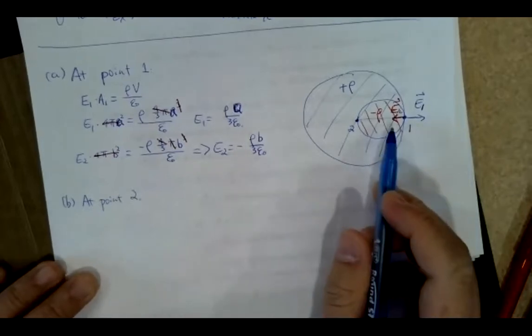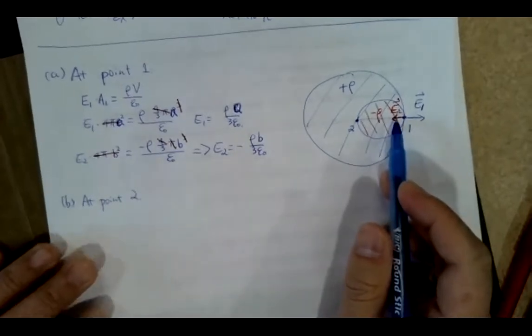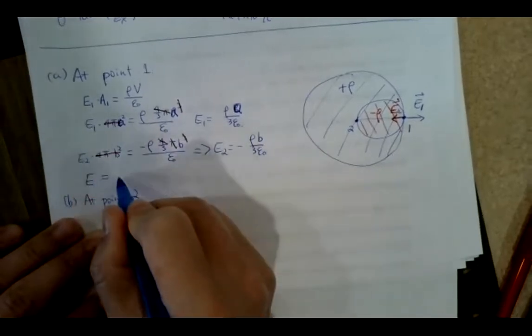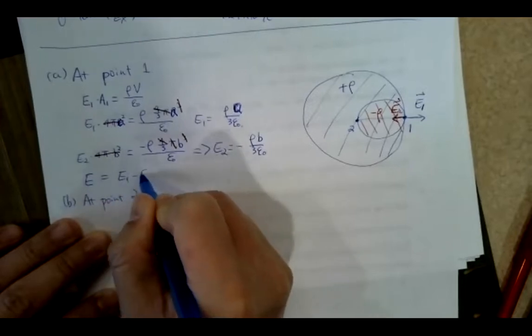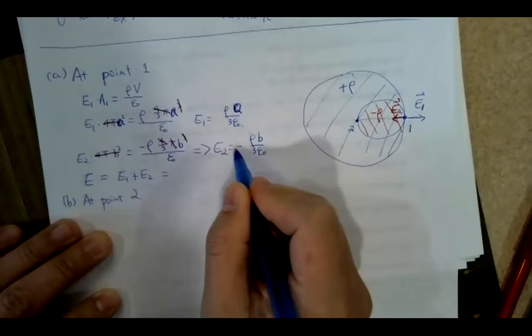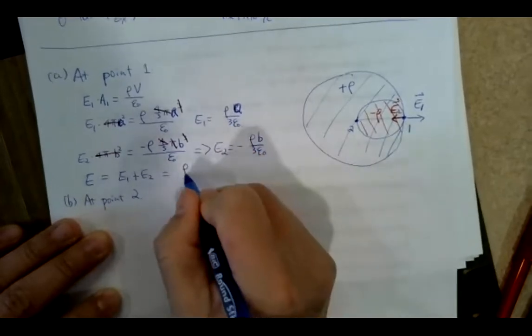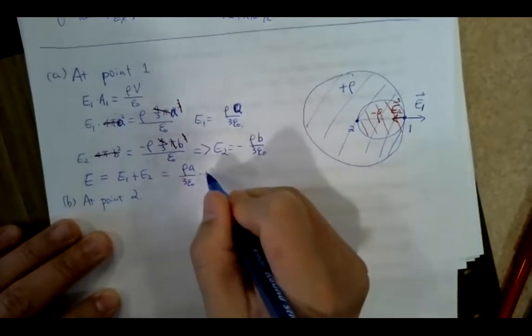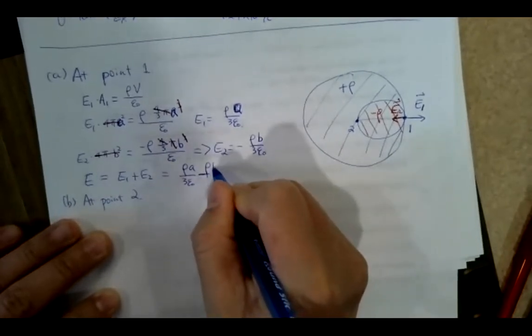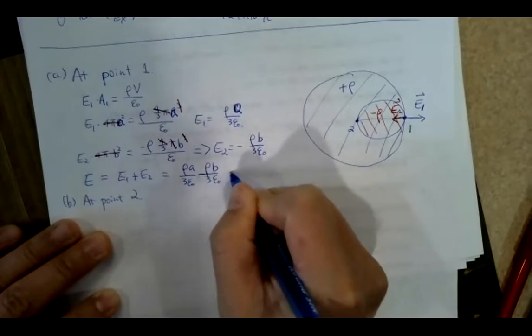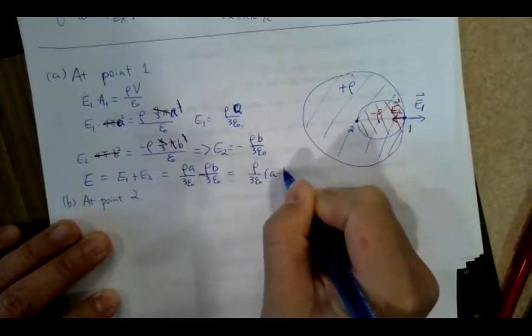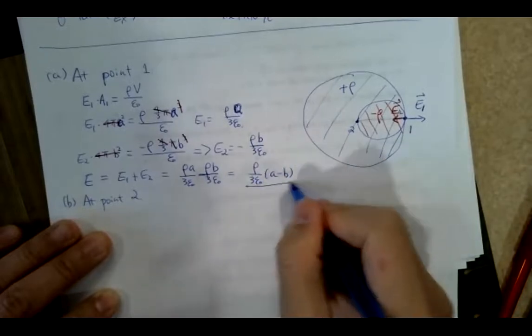Now your E total will be this one minus that one, right, in the X direction. Okay, so E will be equal to E1 minus E2, or E1 plus E2, and E2 is negative, E1 is positive. So rho A over 3 epsilon naught plus minus rho B over 3 epsilon naught. So it's rho over 3 epsilon naught times A minus B for the magnitude.